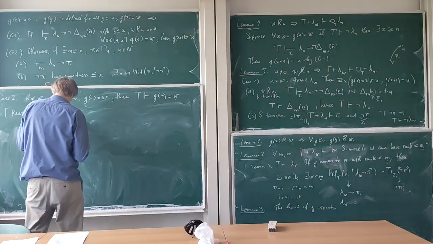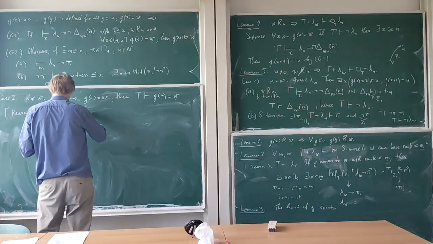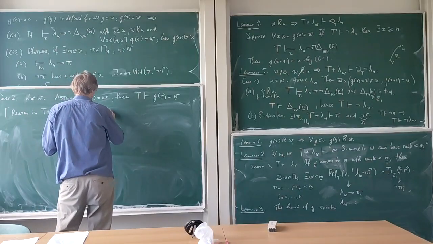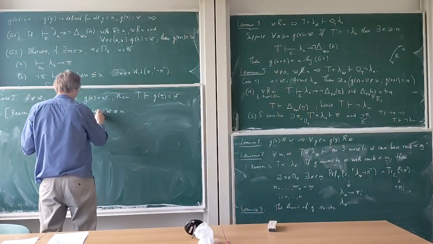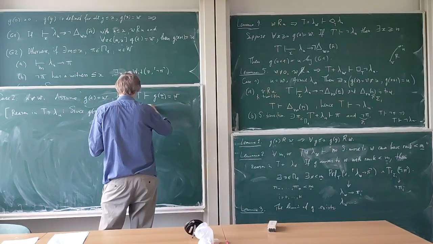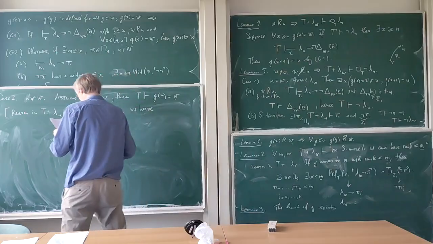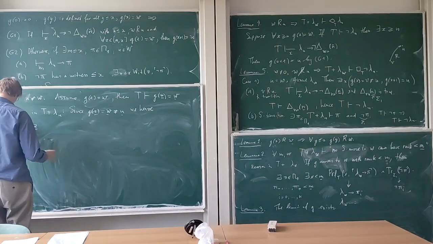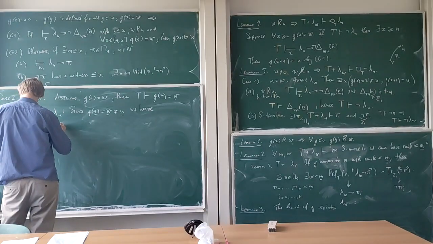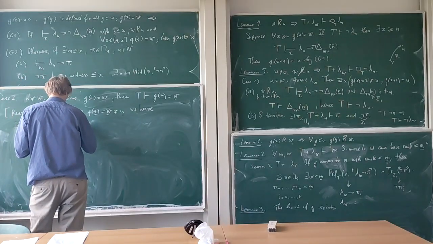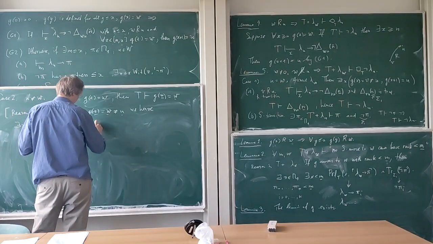Okay. Since g of z equals w, which is not u, we have that there is a z, there is an x such that g of x is not u, and g of x plus 1 is.